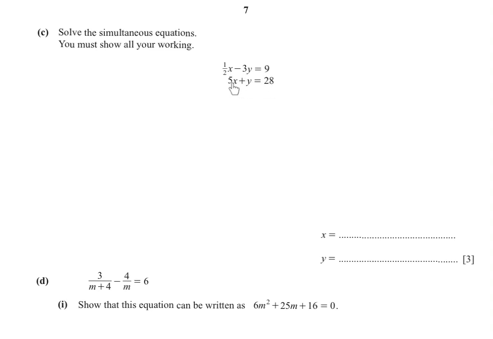Multiply the second equation by 3. Then you have 3y and negative 3y. If you add, you eliminate the y. Then you can find the x. Later by substitution you can find the y. So the first step, multiply this by 3 and multiply this by 1, so you get the same equation. So half x minus 3y equals 9.